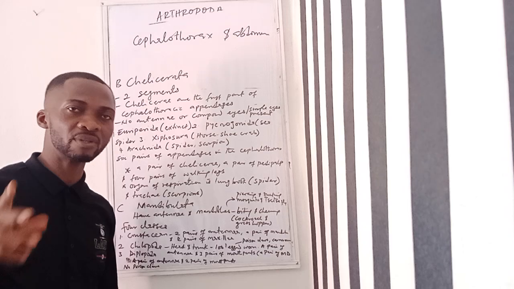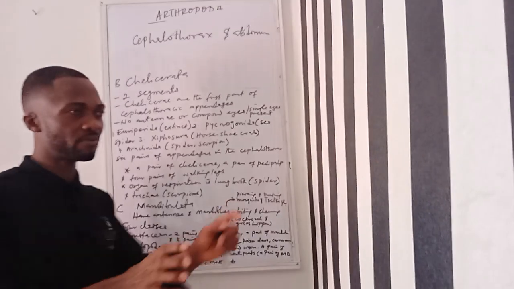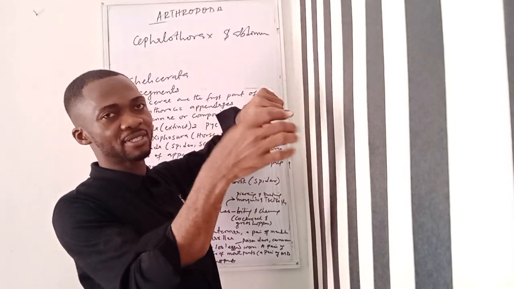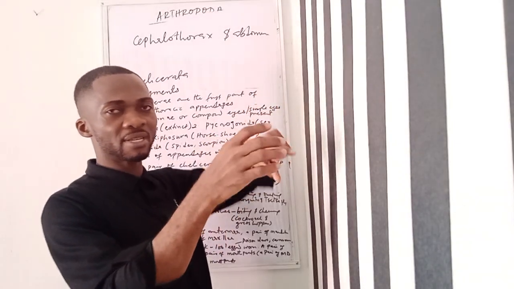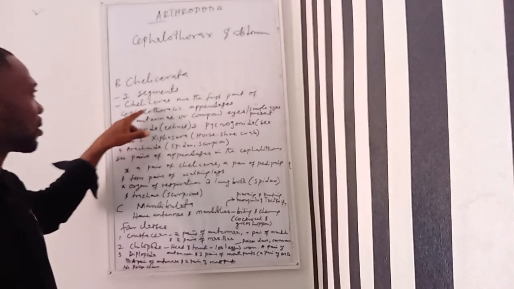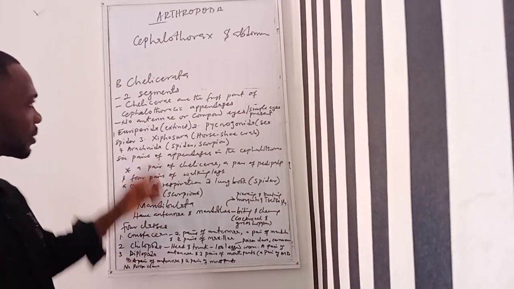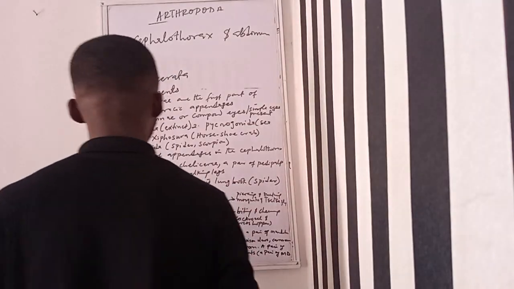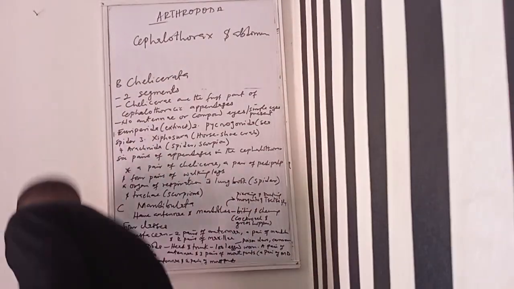So the first segment of this cephalothoracic appendage is what they call chelicerae.